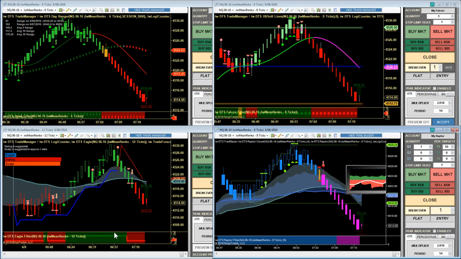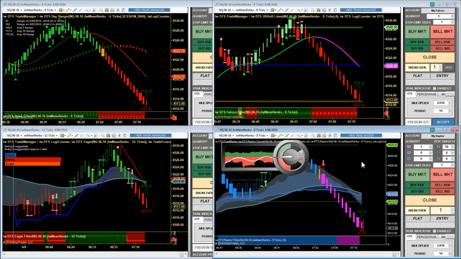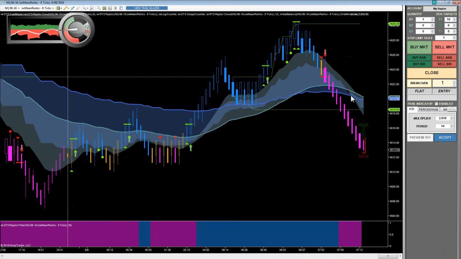All right, so what I'll do is, if we don't get a tradable signal here in a moment, I'm going to put a trade on so that you guys can see how all this works, how the trailing stops work, and all this stuff. So now the Raptor here has crossed over. Notice the clouds have changed direction.